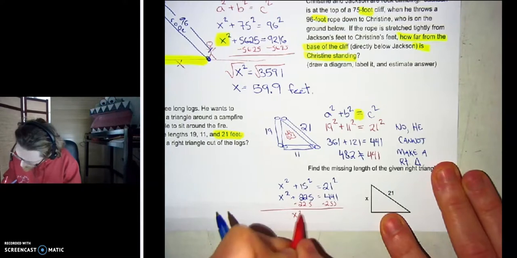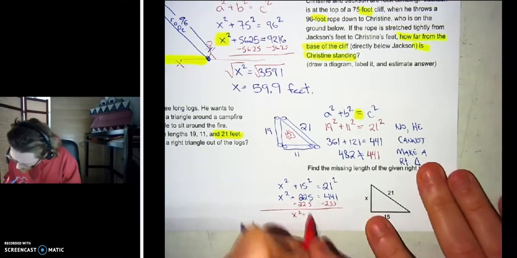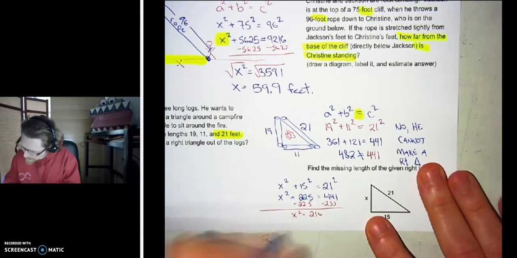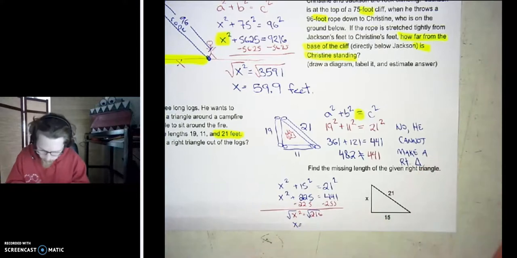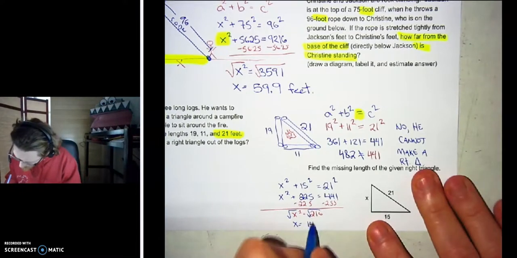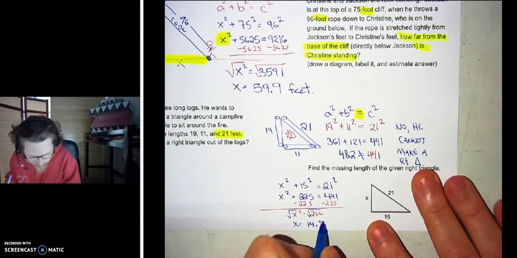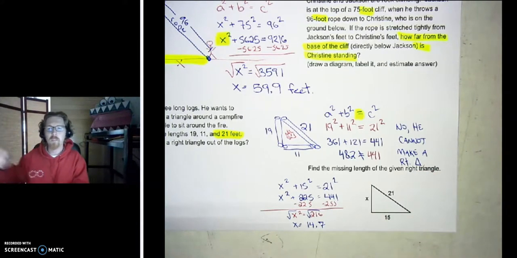I get x squared is equal to 441 minus 225. That's 216. And then I'm going to take the square root of both sides. And the square root of 216 is equal to 14.696938. I'm going to round that to 14.7.